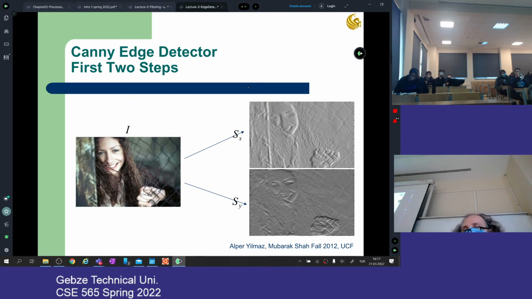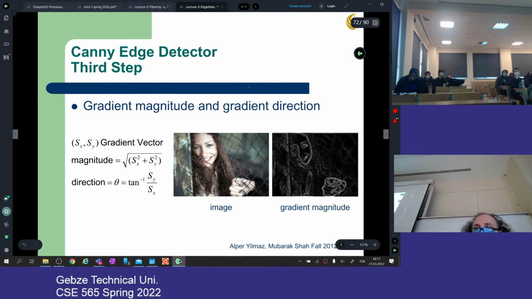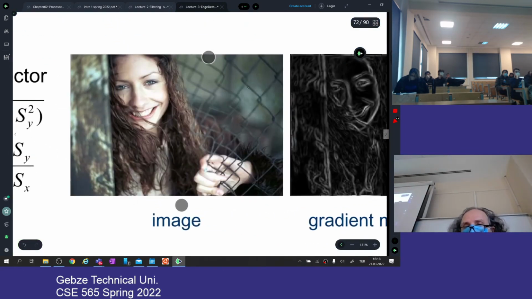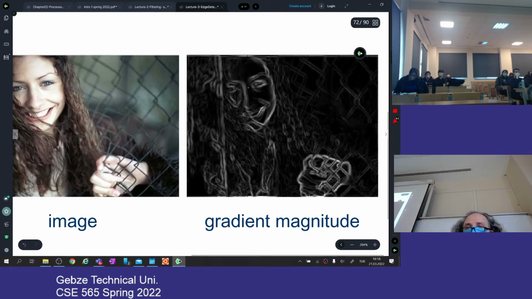Because I'm using Gaussian smoothing to smooth the image, and I can adjust the smoothness amount by turning the sigma knob less or more. So I have these two images, and after that, like Prewitt and Sobel, calculate the magnitude image. This is the magnitude image, similar to Sobel and Prewitt.